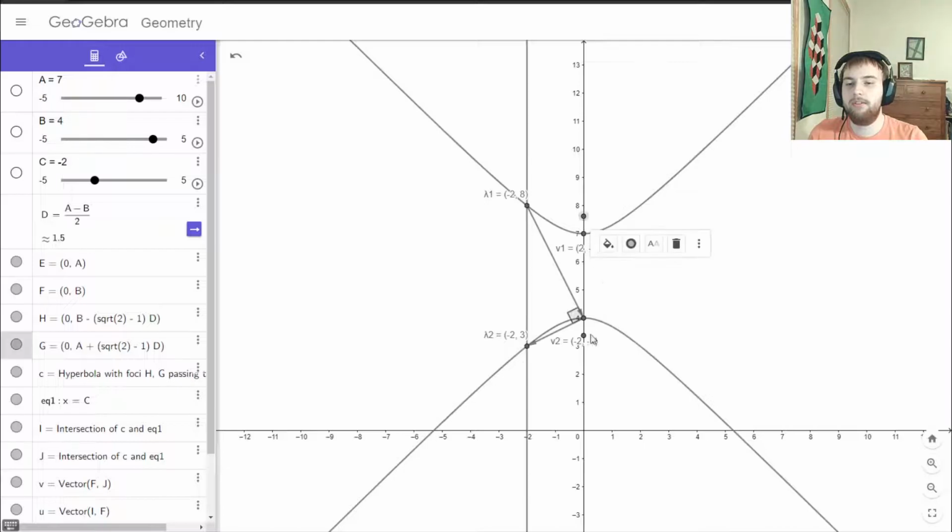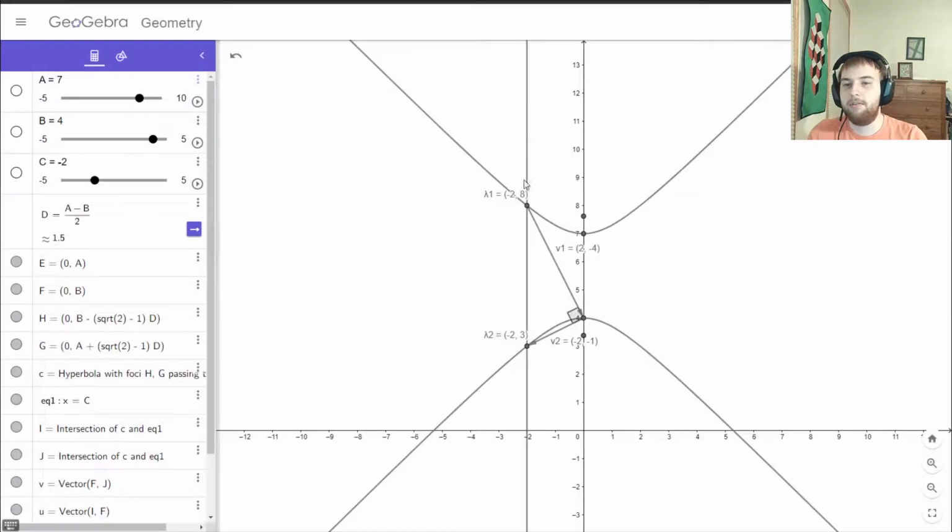The foci for the hyperbola are also similarly related. If you go from the middle of the hyperbola, you take one length to get to the intersection. You take square root of 2 lengths from the middle to get to each focus. It makes it very nice and symmetrical.